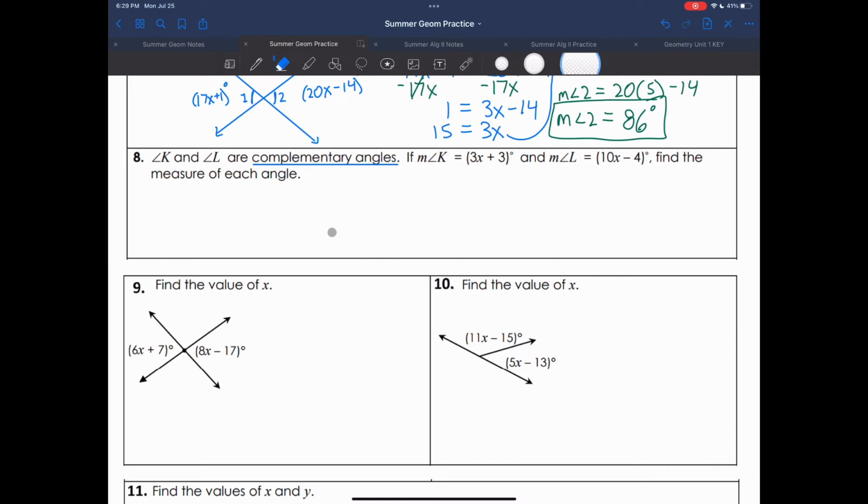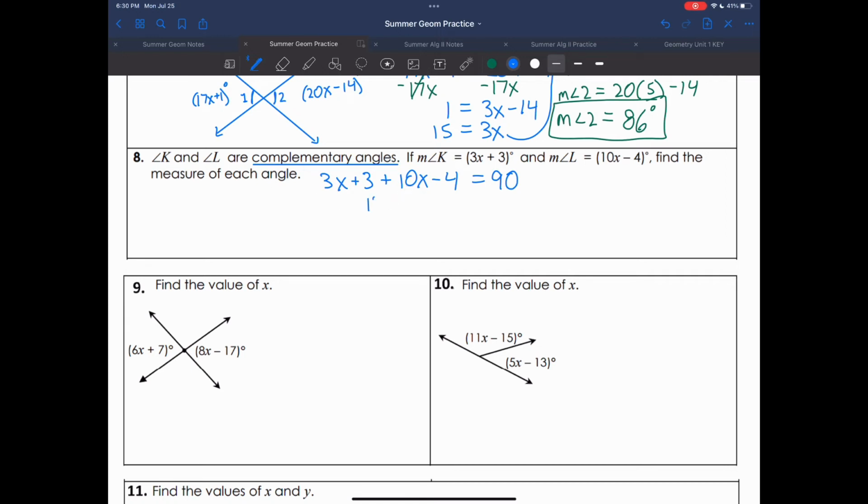So I'm going to go ahead and not draw a picture on this one because it's a pretty simple setup. If they're complementary, like I said, this plus this has to equal 90 degrees. So I'm going to do just that. I'm going to write 3x plus 3 plus the other angle, 10x minus 4, added together has to equal 90, just like that. And then we solve. So let's combine our x's.